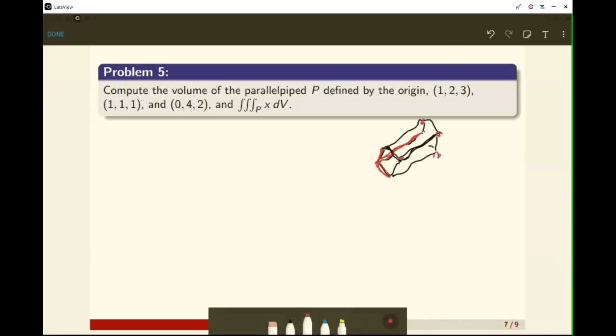So we could write down what all the boundary points are, but we'll see that ultimately just knowing which edges intersect the origin is going to be enough, that if those were along the axes, you would have length, width, and height. And so our difficulty here is that this parallelepiped that we've been given is not aligned along the axes.